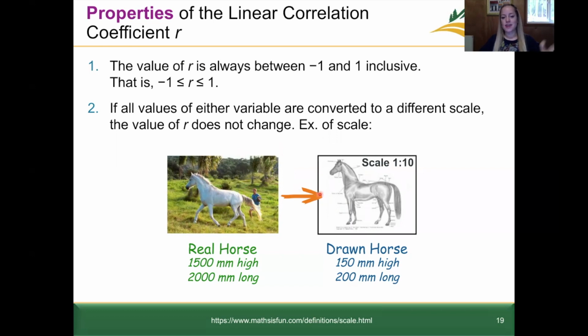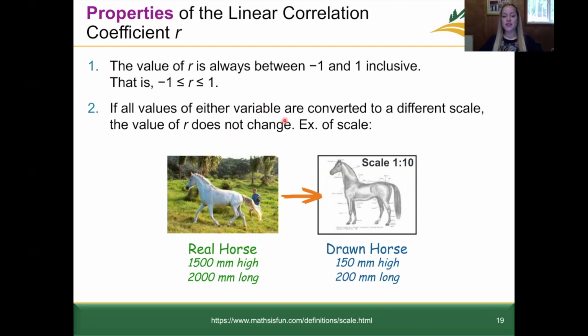So in order to scale the real horse properly for a drawing of a horse, we could go from 1500 millimeters to 150 millimeters, for example. Then to be consistent with dimensions, we'd have to go from 2000 millimeters to about 200 millimeters for the length of our drawing. This is an example of a scale of 1 to 10, just an example here to emulate this property of our linear correlation coefficient, R.